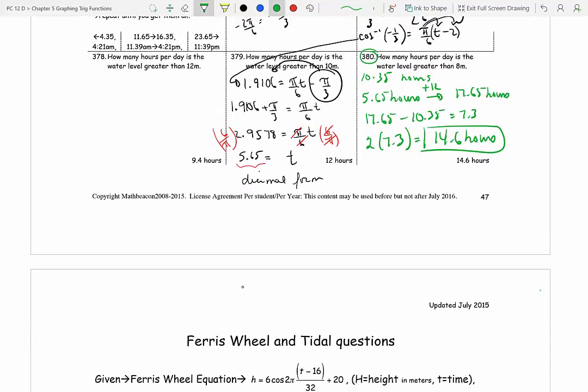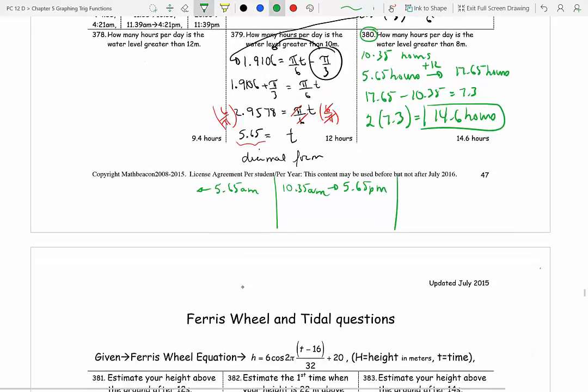Okay, so we know that everything before 5.65 a.m., we know everything from 10.35 a.m. to 5.65 p.m., and then everything from 10.35 p.m. and later.